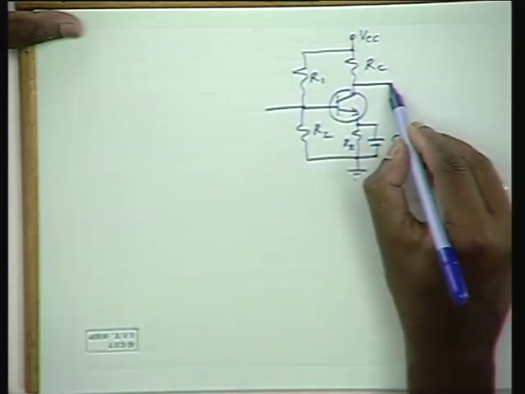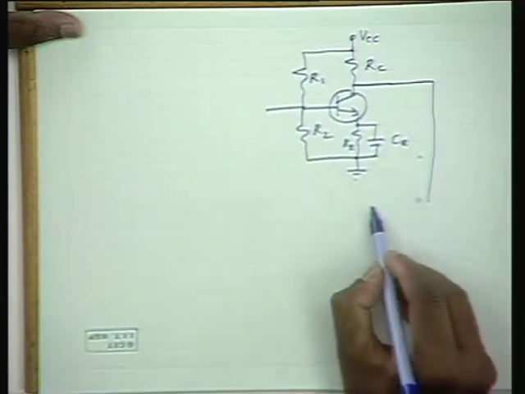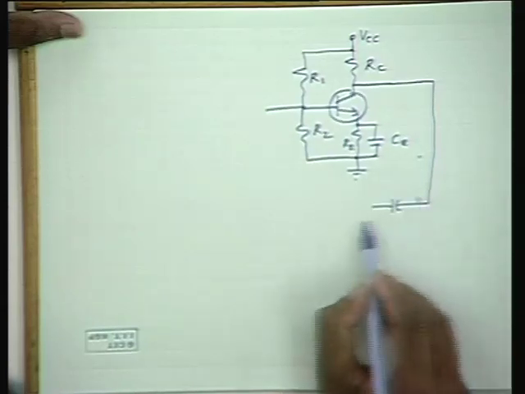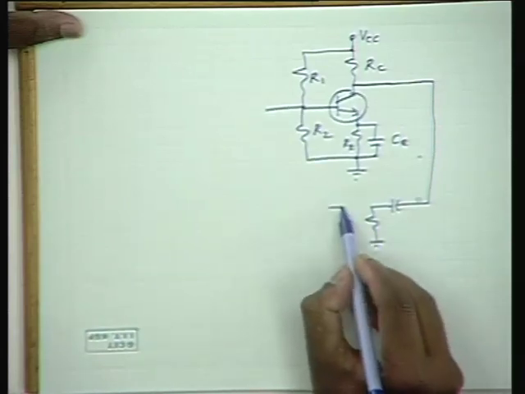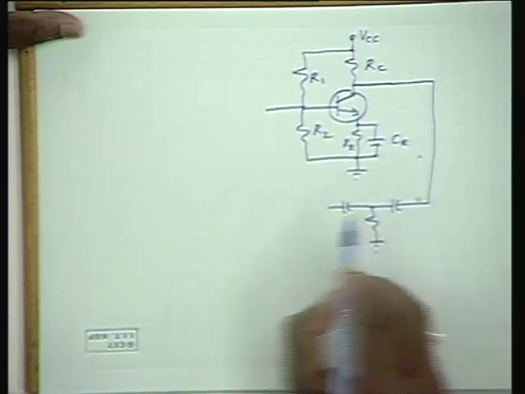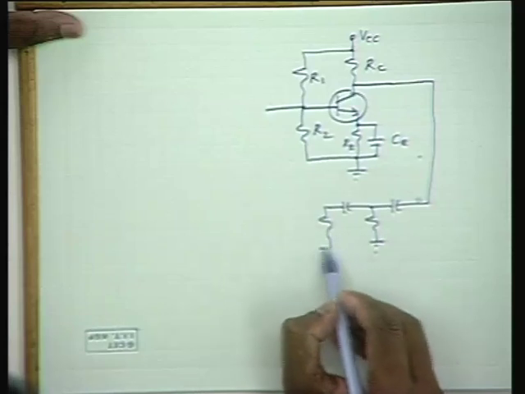Now, we do not require an additional coupling capacitor because this RC network has a capacitor here, and this capacitor itself acts like a capacitor for blocking DC also.